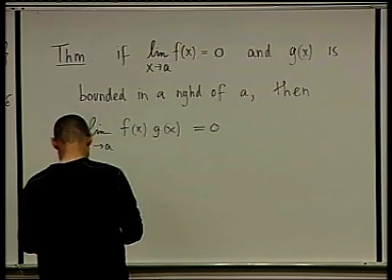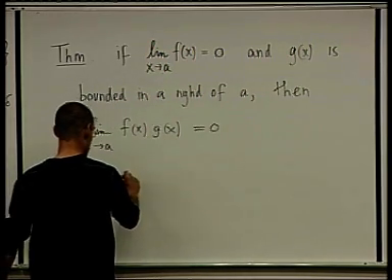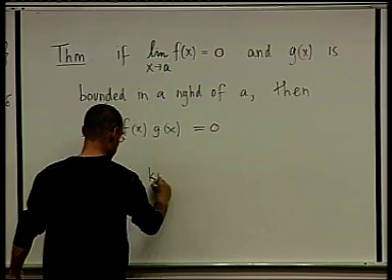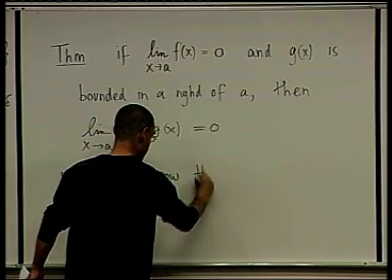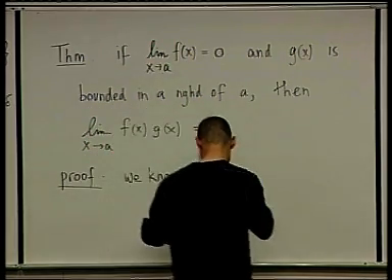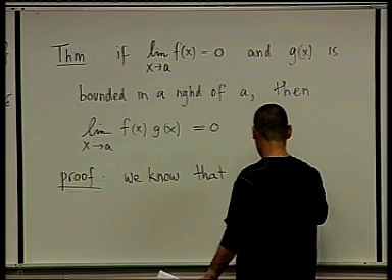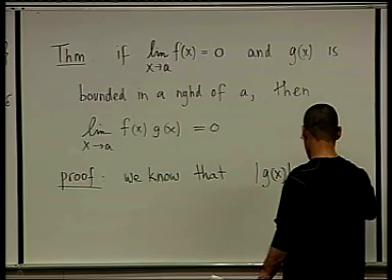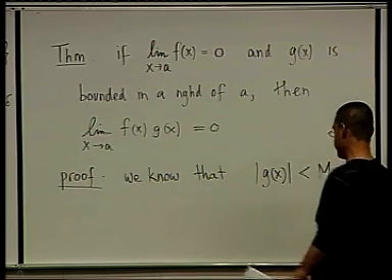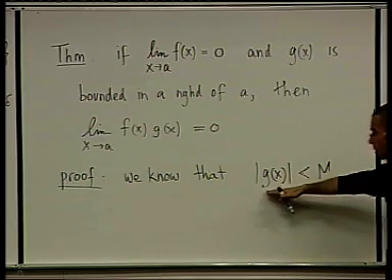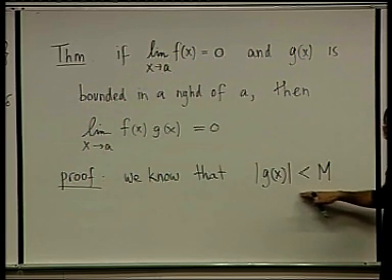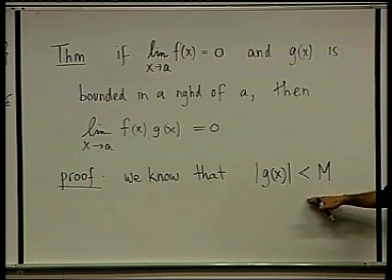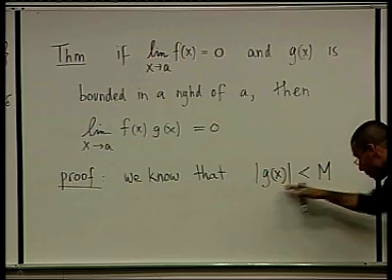Okay. So, we know that g of x in absolute value is less than some m in a neighborhood of A. Remember, this was the definition of being bounded. Remember that? Or it was an equivalent definition.